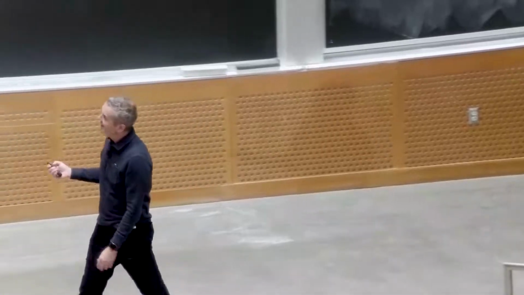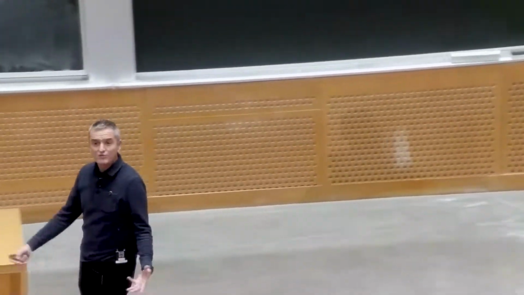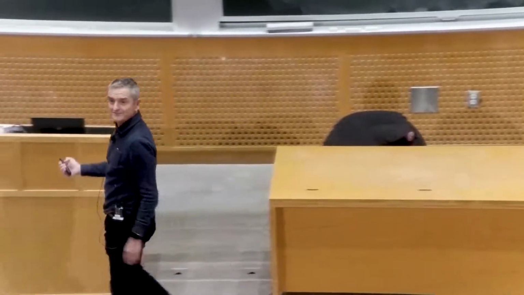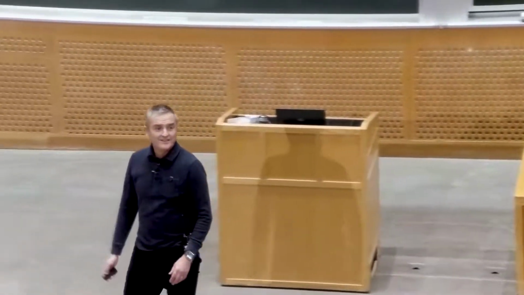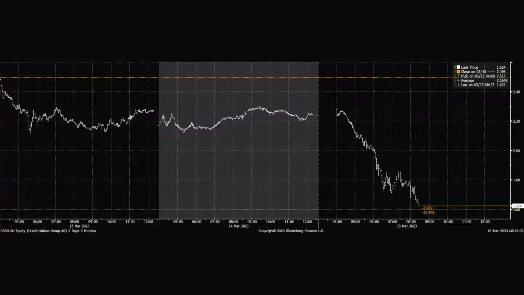So this is the value of the equity of a pretty major bank, Credit Suisse. Credit Suisse has been in trouble for a while, but today got into real big trouble. And you saw a massive collapse in the equity shares. In fact, they stopped trading for a while, and so on.